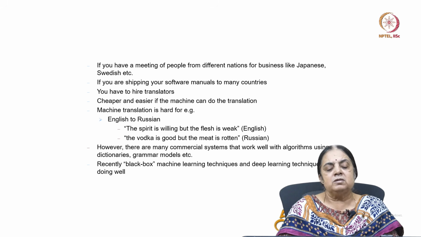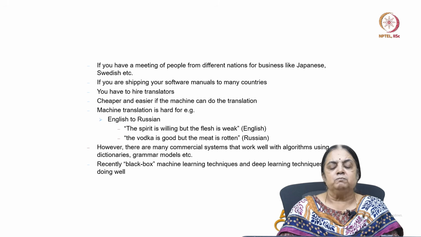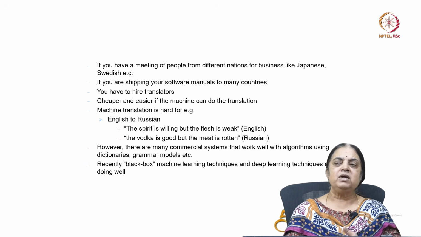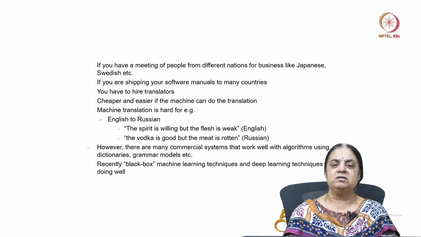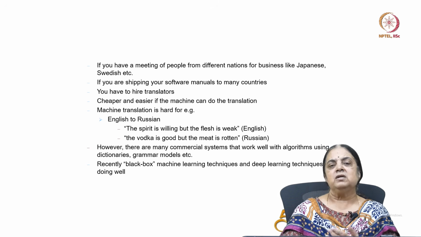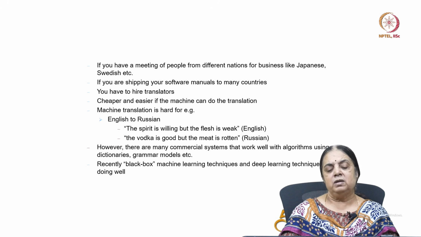Okay, so this talks about translation, what is called machine translation. Machine translation is understanding a sentence in a particular language and converting it to a sentence in another language. Language understanding itself is very difficult because it's ambiguous.